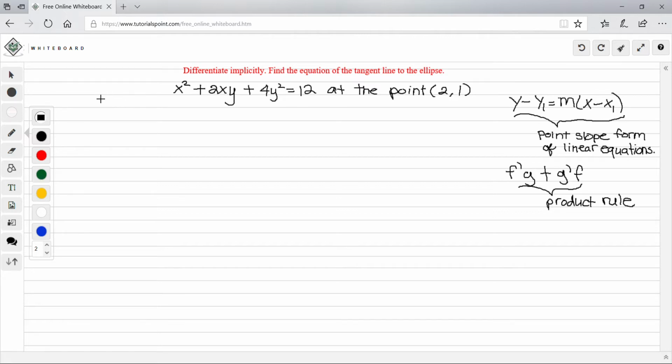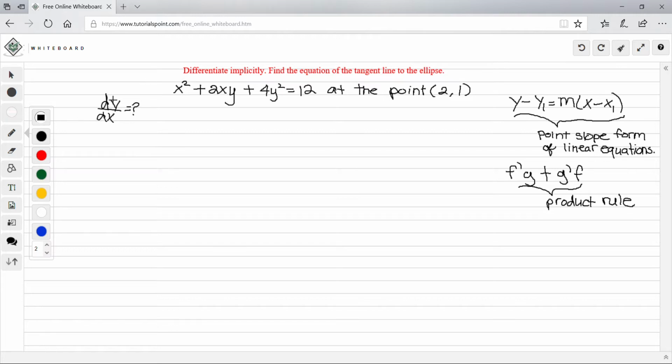We need to know what dy/dx means. So basically we're taking the derivative with respect to x. Wherever you see an x, you just leave it alone, but when you see y, you have to add a dy/dx. That's what differentiating implicitly means.